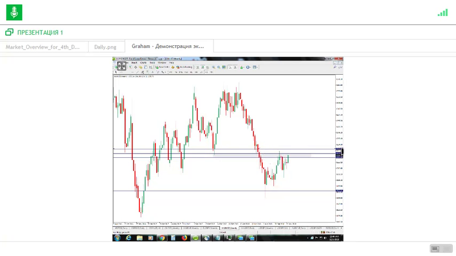So on the upper side, we have this resistance line here, 1246.92. If the current candle closes beyond 1238.97, then we expect a move further towards 1246.9, where we look for a sell to the lower side.